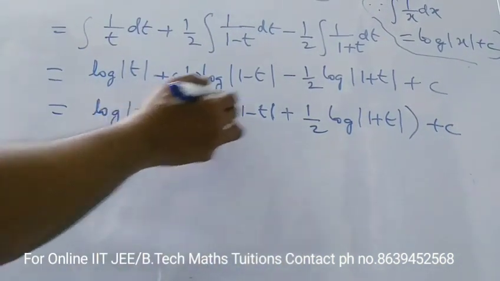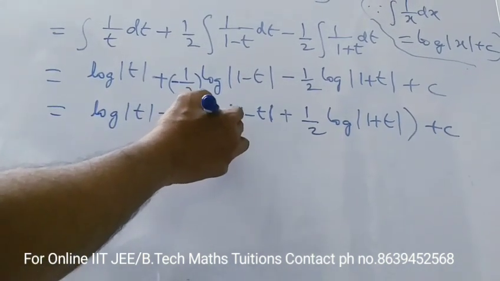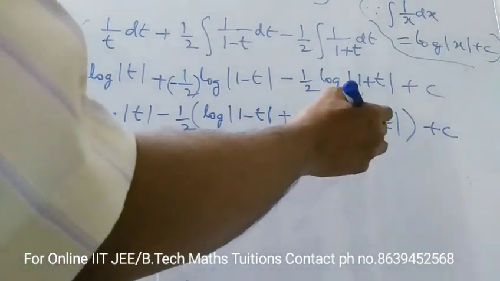After taking minus as common factor, it becomes minus of 1 by 2 of log modulus 1 minus t plus 1 by 2 of log modulus 1 plus t plus c.